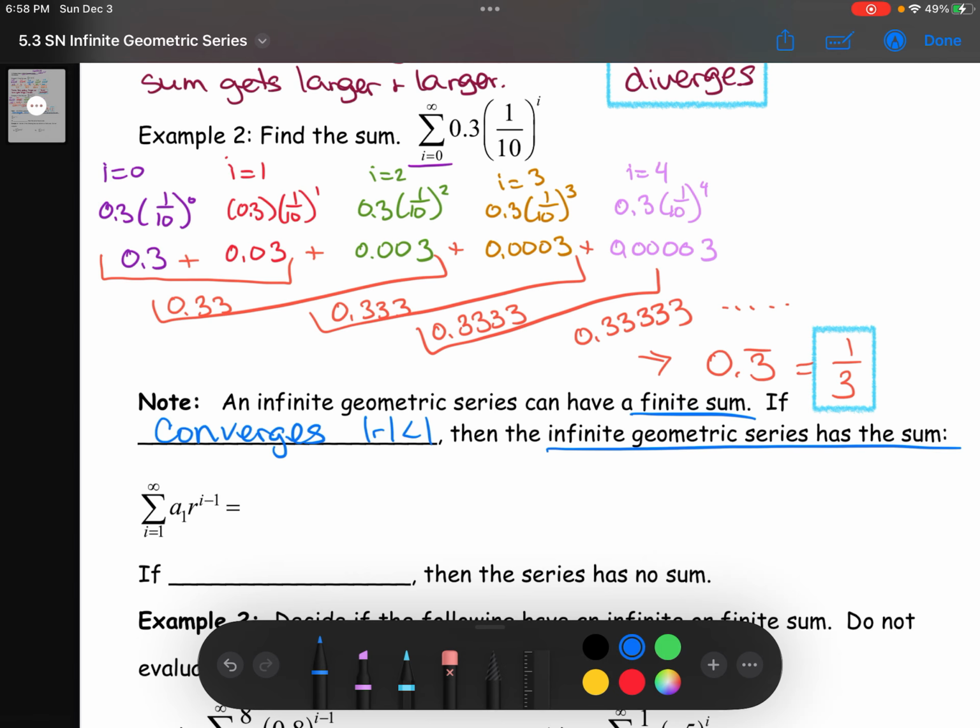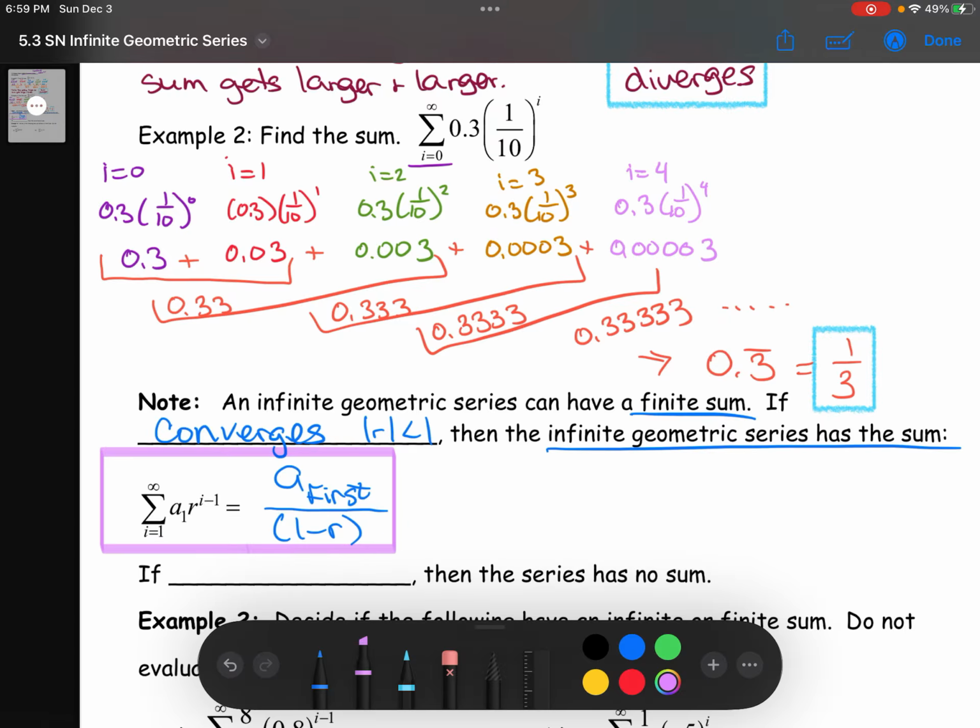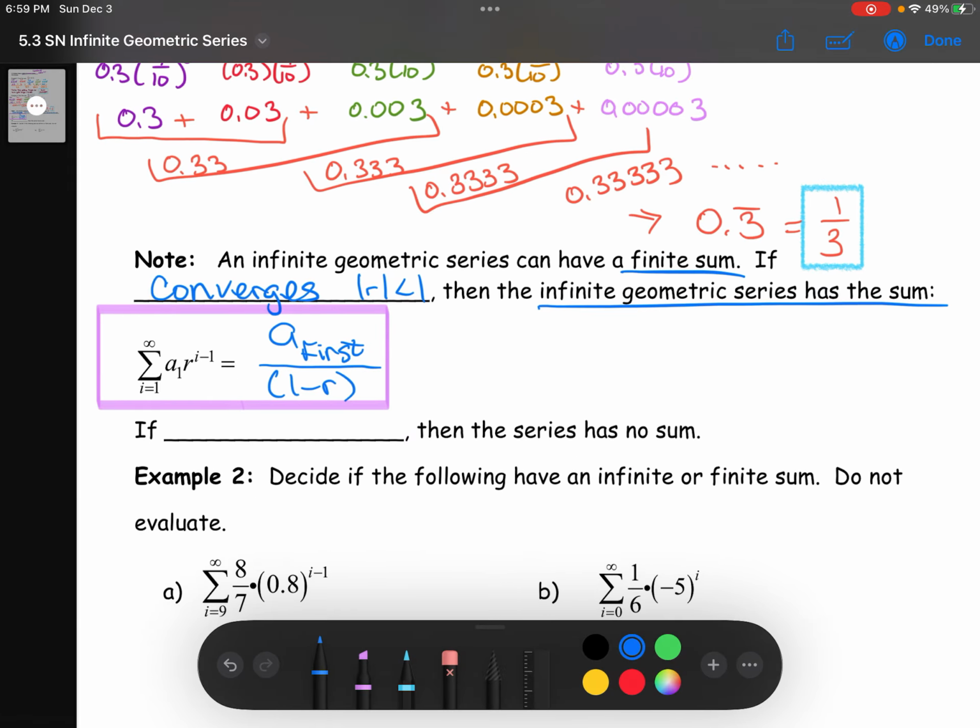And the formula for that sum is a first over 1 minus r. That's your whole formula. Now, if the absolute value of r, that common ratio, is greater than 1, then this series has no sum, and no sum is your answer to the question.